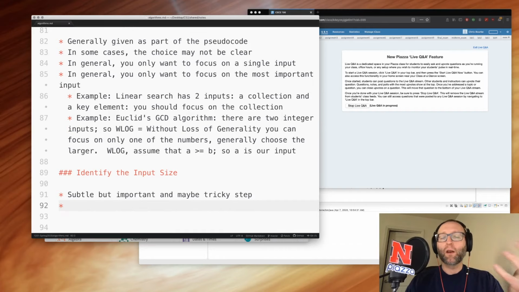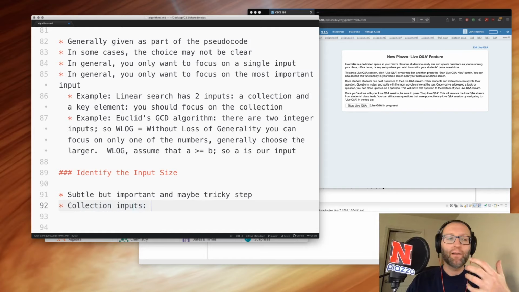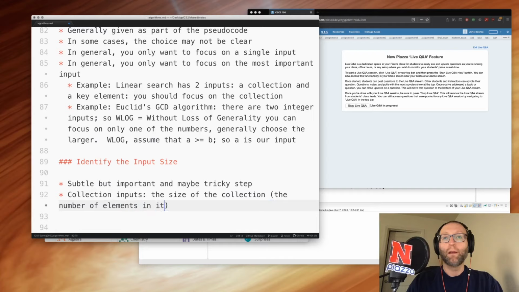So we've already looked at a couple of algorithms here with different types of inputs. If the input is a collection, then it should be obvious that it's going to be the collection size. The size of the collection. That's the number of elements in it, right?